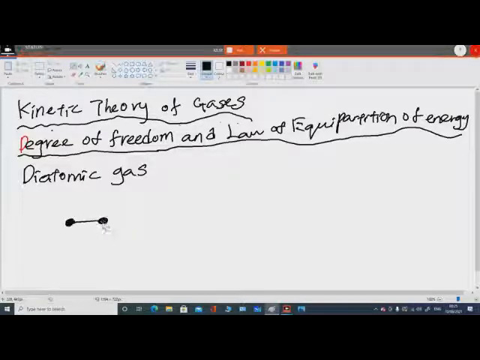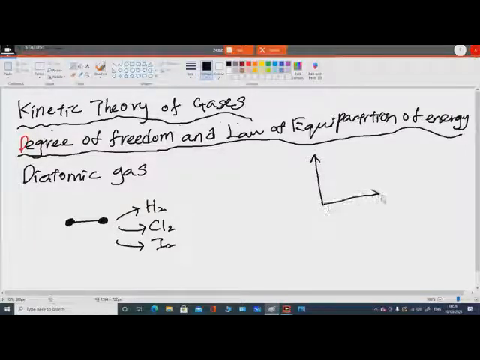So for diatomic gas, we have hydrogen gas, chlorine gas, or even iodine gas. Okay, so let us inscribe this diatomic gas in the container again, as we did for the previous gas, which is monoatomic gas.